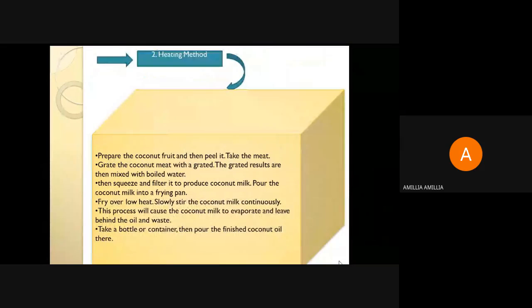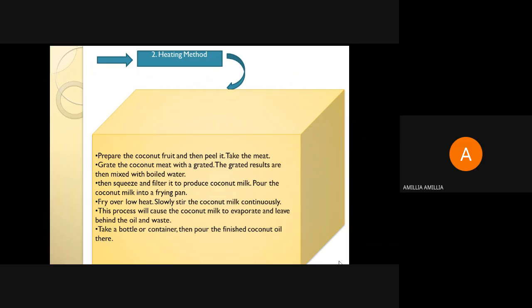Number 2, heating method. Prepare the coconut fruit and then peel it. Take the meat. Grate the coconut meat, and the grated result is then mixed with boiled water. Then squeeze and filter it to produce coconut milk.